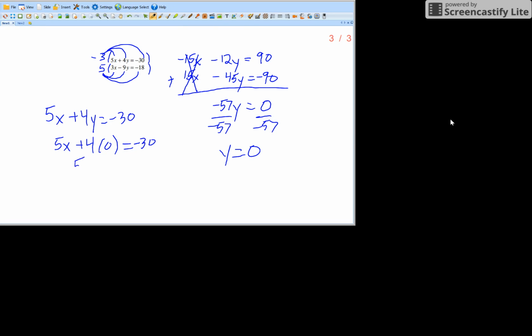So we simplify: 5x plus 0, so that's going to go away, equals negative 30. To solve, we divide each side by 5, and x equals negative 6. So our solution to that system of equations is negative 6, 0.